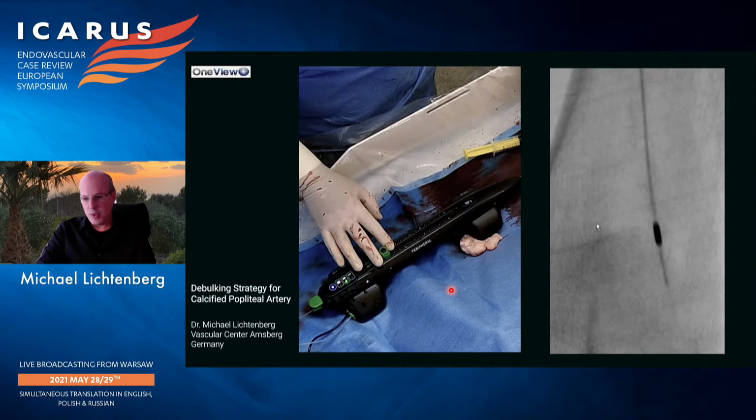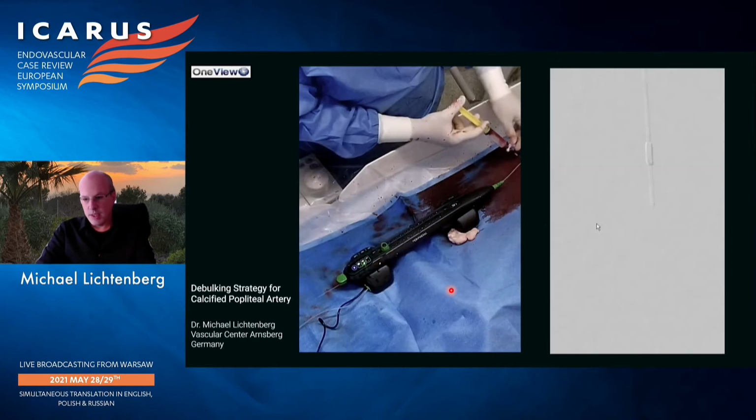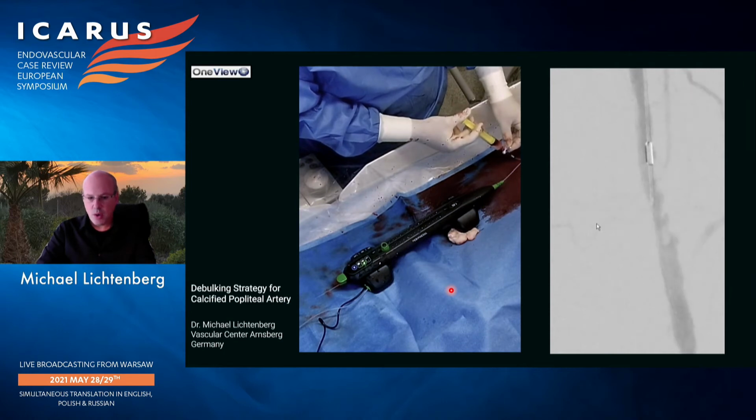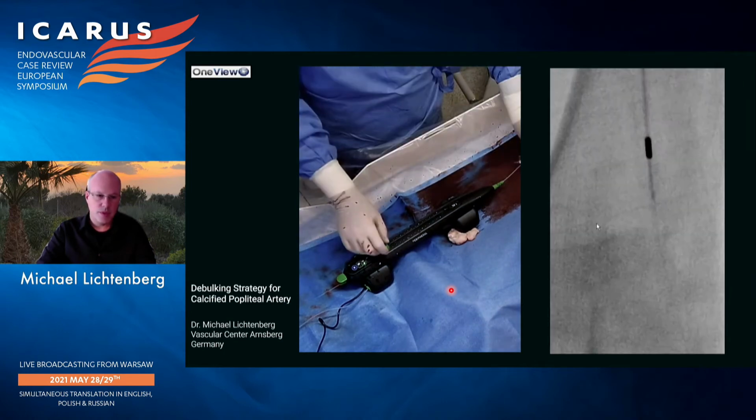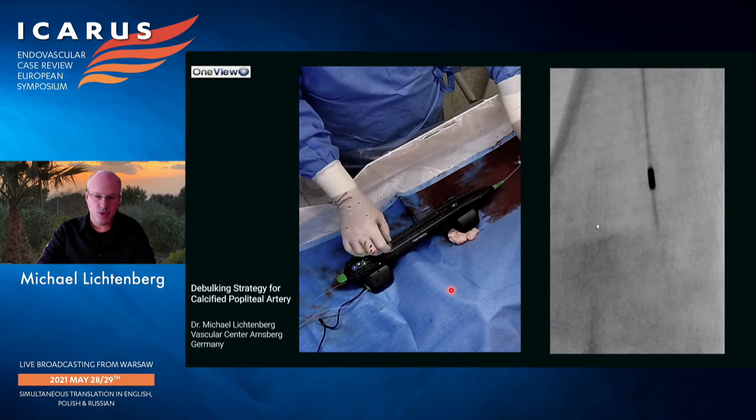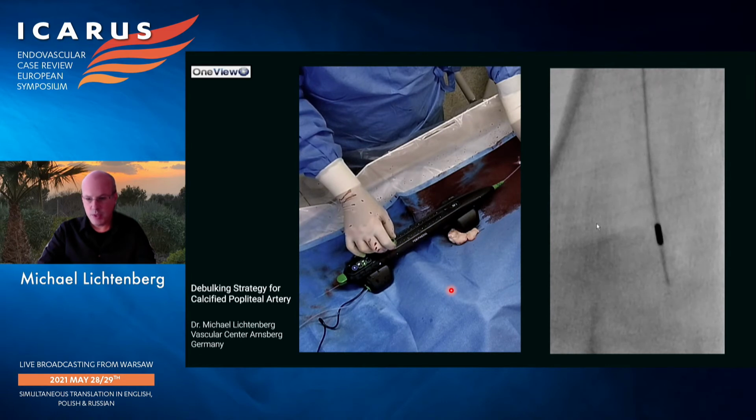You see here that we pass the lesion with different approaches, always starting with the lowest rotation through this lesion, so starting with 60,000 rounds per minute.